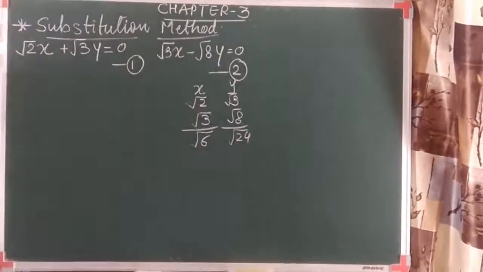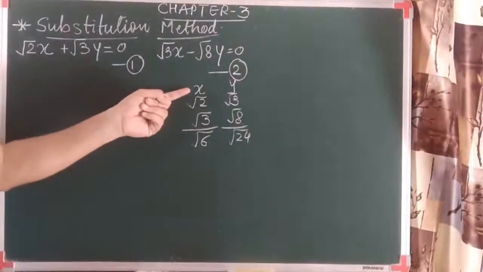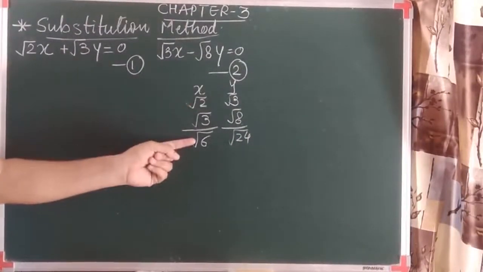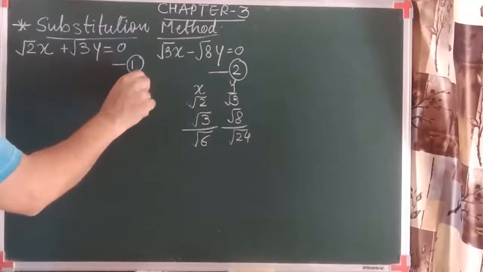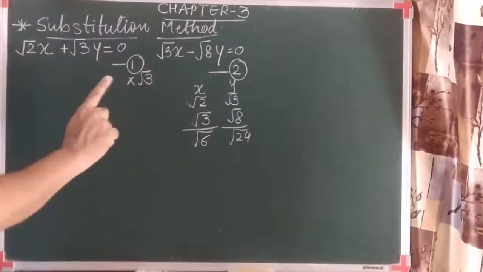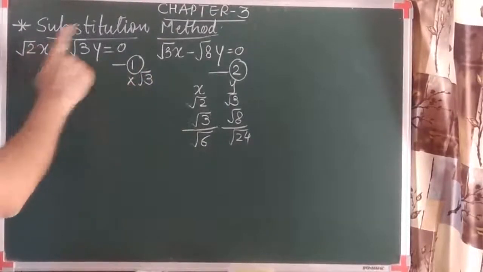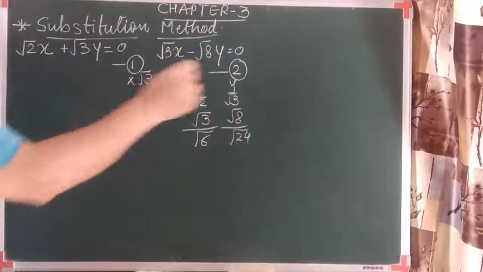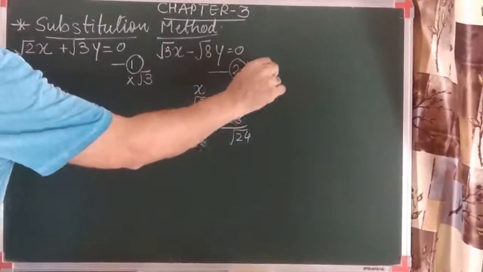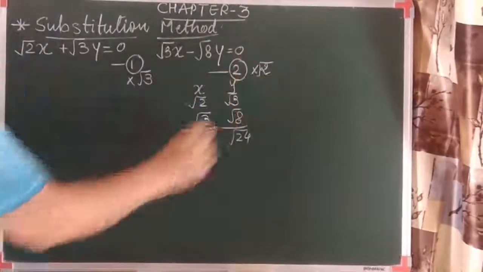So you can see that if I want to make the coefficient of x equal, the coefficient must be root 6. To make this root 6, this equation 1 should be multiplied with root 3. Why? Because I want to make the coefficient of x equal in both the equations. And this equation should be multiplied with root 2.